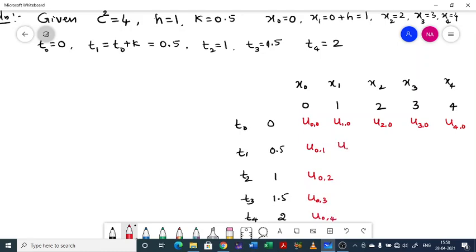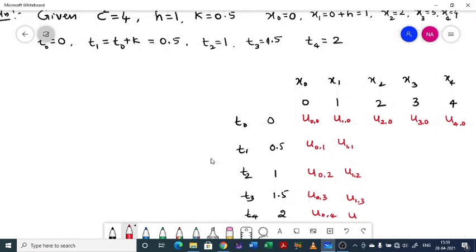It will be U1,1, U1,2, U1,3, U1,4. Then U2,1, U2,2, U2,3, U2,4.